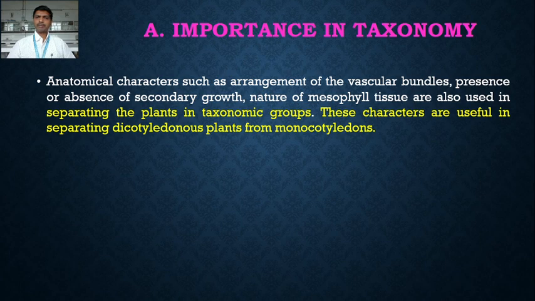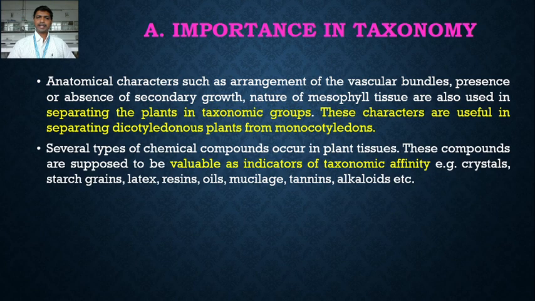So the arrangement of the vascular bundle, whether it is radially or collaterally arranged, the presence or absence of secondary growth, and the nature of mesophyll tissue are used in separating the plants into different taxonomic groups. These characters are useful in separating the dicotyledonous plants from monocotyledons.